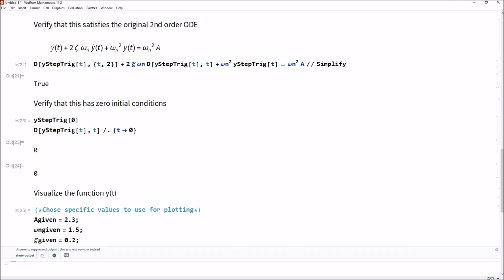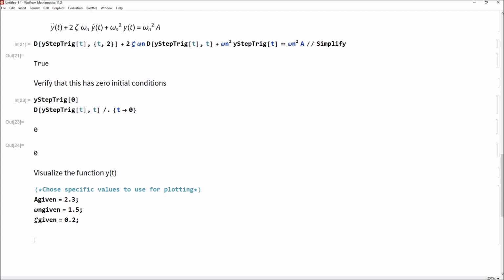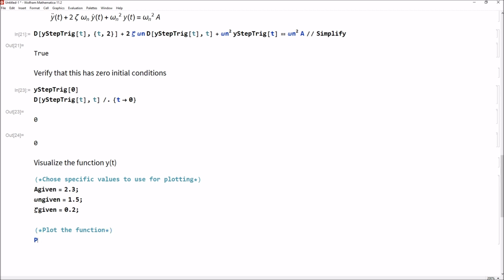Okay, so if those are our specific values, let's plot the function. All I need to do here is say plot y step trig of t, and then let's make all those replacements here. So a is now going to be the a given that I'm interested in visualizing here.